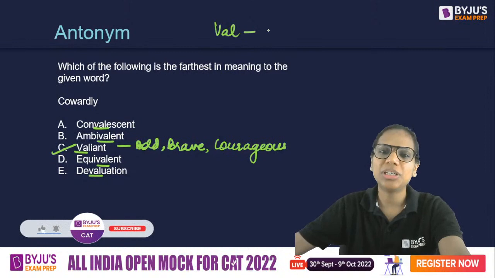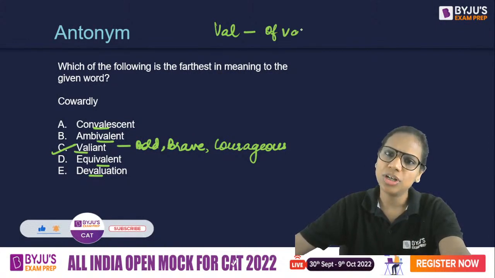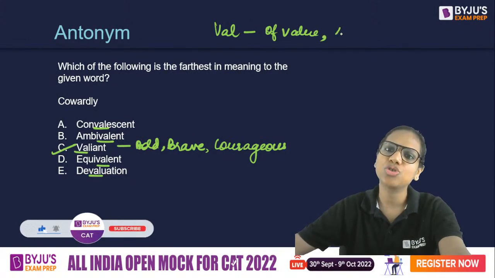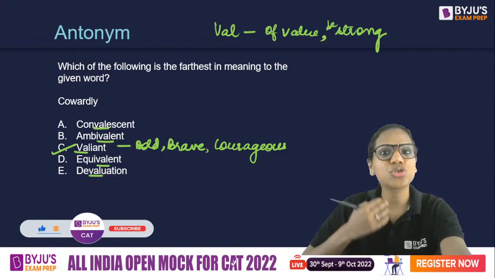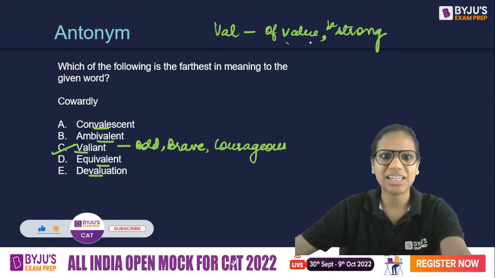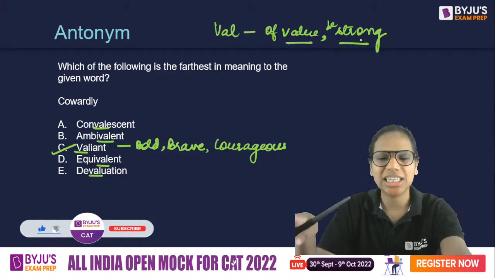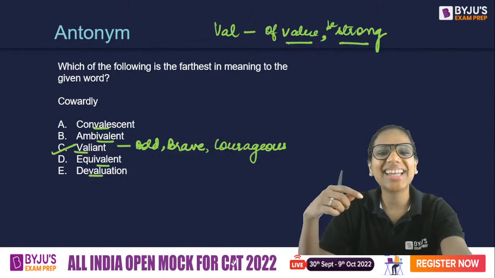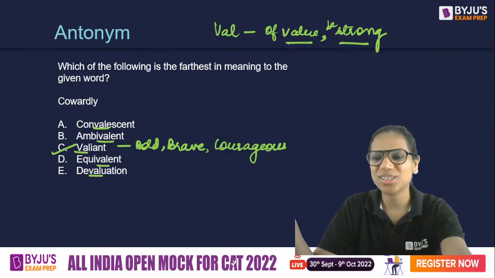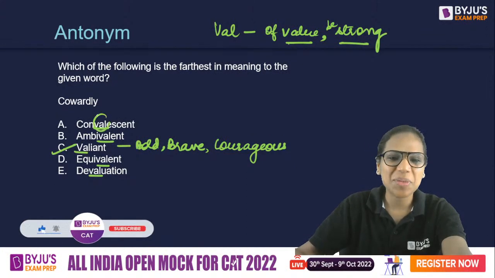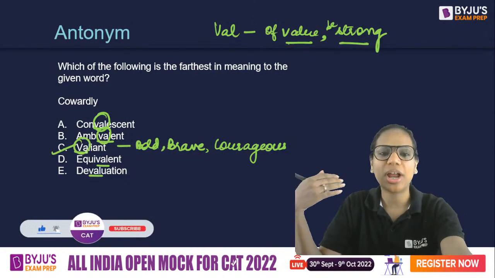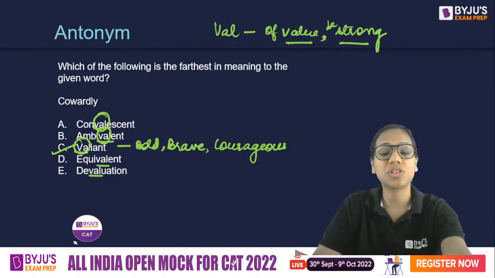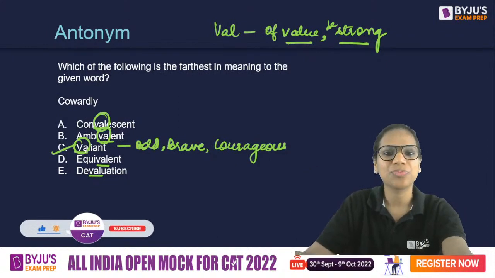Okay. So val means something that is of value. It also means something that is strong or to be strong, right? That is why somebody who is valiant is strong. That is the meaning that we are learning here, right? Okay, I understand that the ENT suffix is also there, Yash, but my intention was to teach you this root, val. Something that is of value, and it also means to be strong. So a valiant person is a strong person, right?